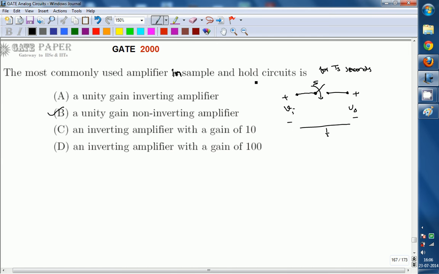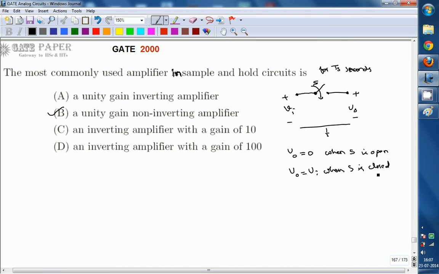Whenever the switch is closed, at that instant, whatever the value of the input signal is will be applied to the output, and whenever the switch is open, the input is not connected to the output, so V0 is equal to 0. Simply, you can write the operation like this: V0 is equal to 0 when S, the switch, is open, and V0 is equal to Vi when S is closed.